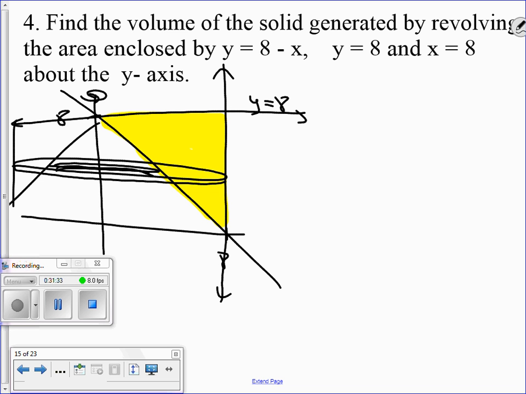So let's write down the washer formula. Volume equals integral of big R squared minus little r squared. Big R, you're going to have to do x right minus x left, which is 8. Little r is going to be x on the line. You're going to have to solve for x on the line. You're going to have to see what x equals.